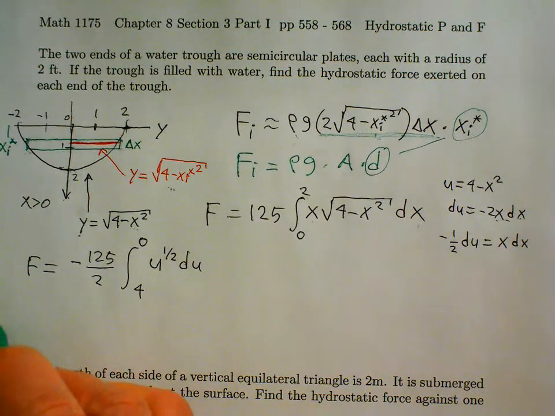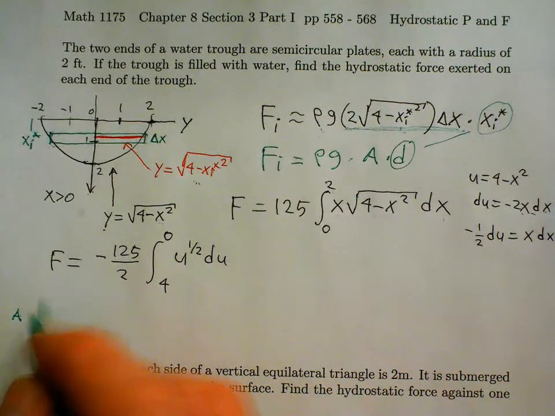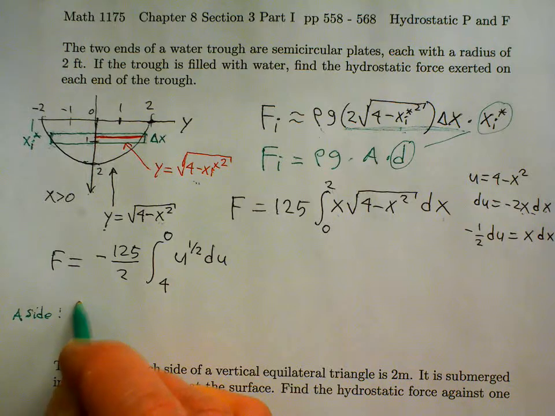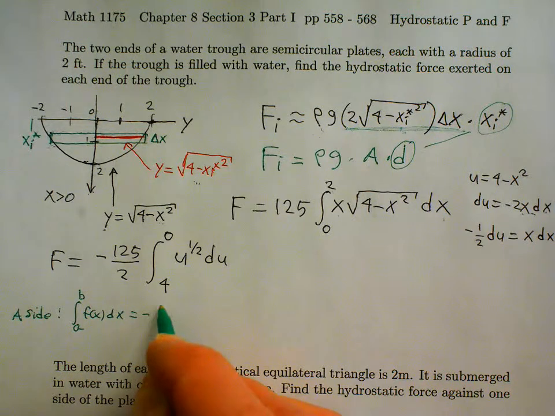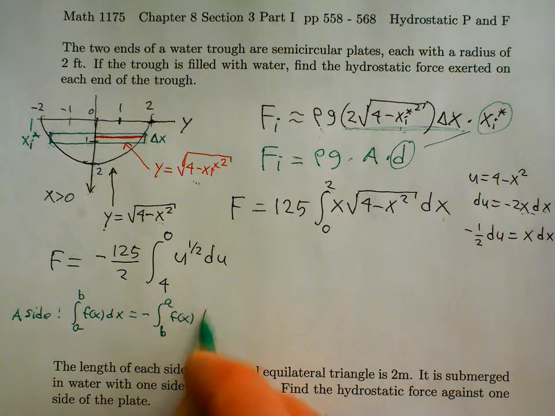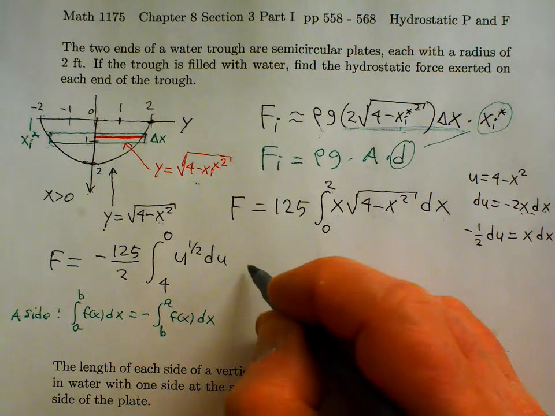So an aside, if you have a definite integral from a to b of f of x dx, that's equal to the negative of the definite integral from b to a of f of x dx. So we can do that, or we don't have to do that. I'll go ahead and do it.